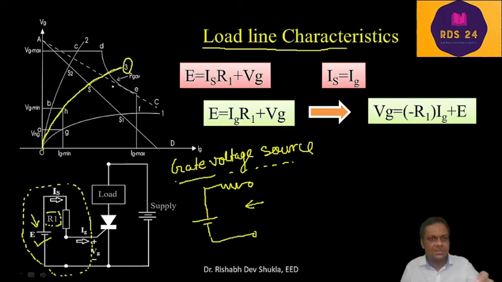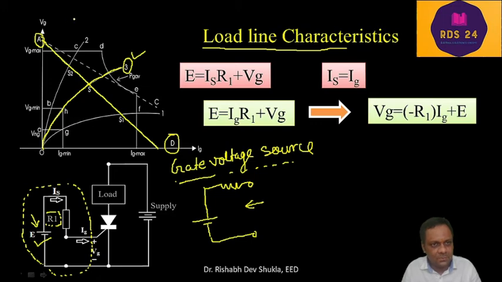So we have considered a thyristor or SCR, and we are going to draw its characteristic like curve 3, and we are going to draw this load line AD. This is your D and this is your A.